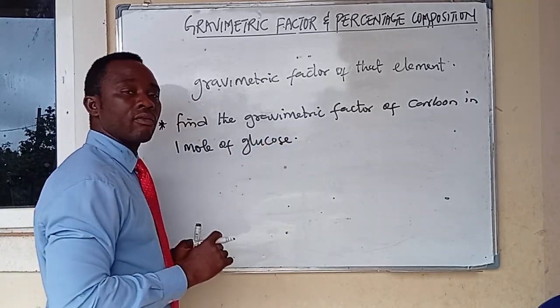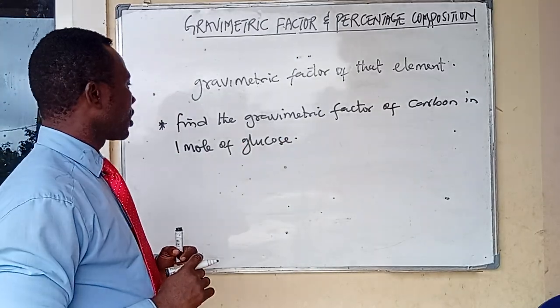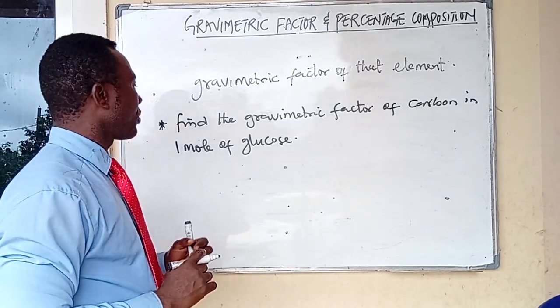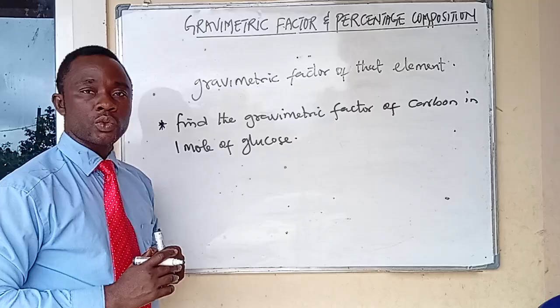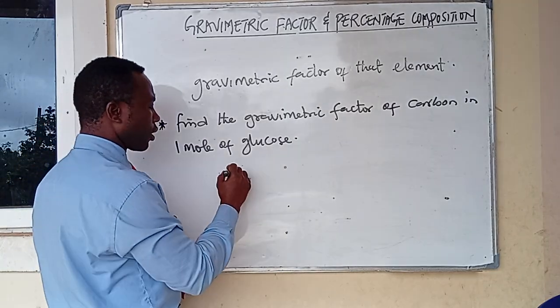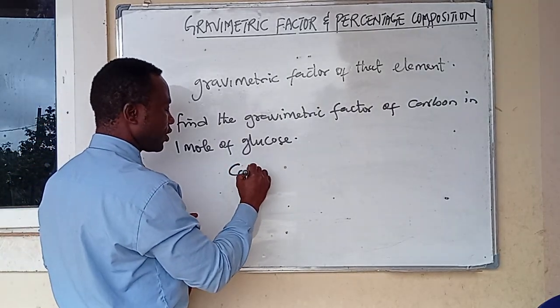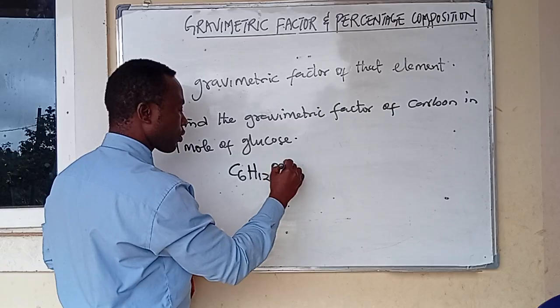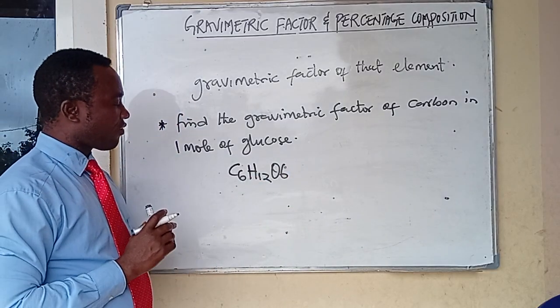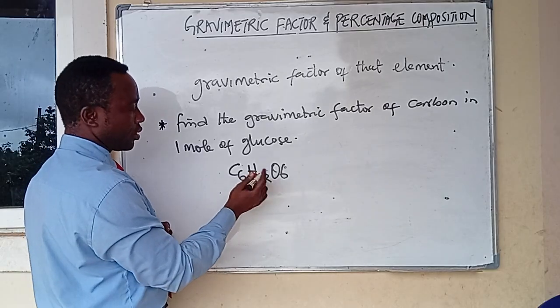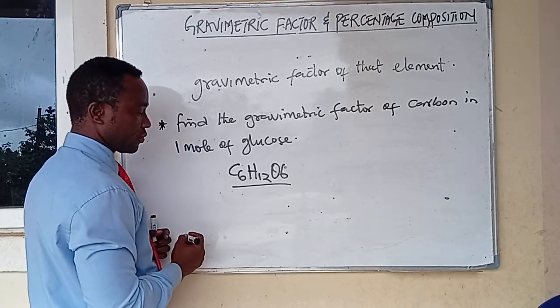The gravimetric factor of carbon in 1 mole of glucose. Now, 1 mole of glucose is C6H12O6. What will be the gravimetric factor of carbon in this glucose?